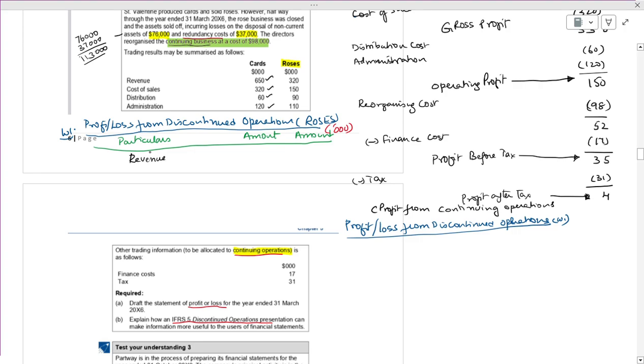For roses only. Revenue is 320. Okay. Next. Cost of sales is how much? Separately we are doing. Cost of sales is 150. How much is the difference? 150, 170. Check.